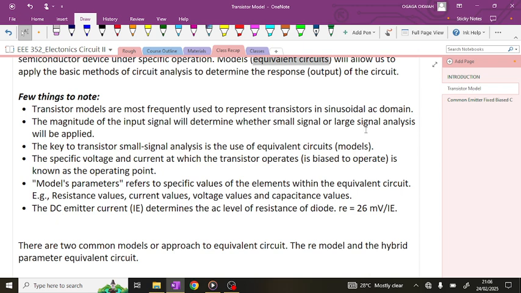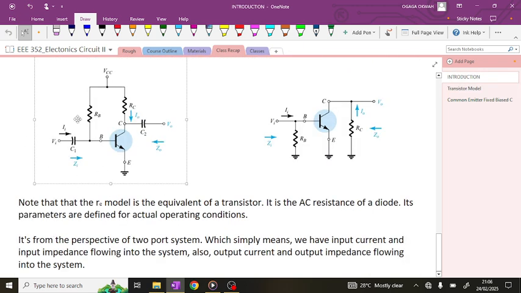While we have this in the DC domain, we use the model to represent it in the AC domain.